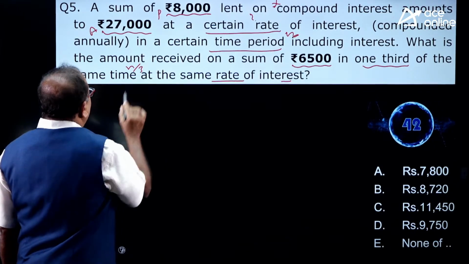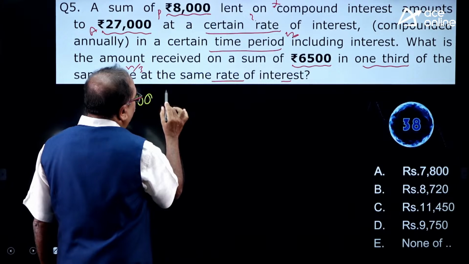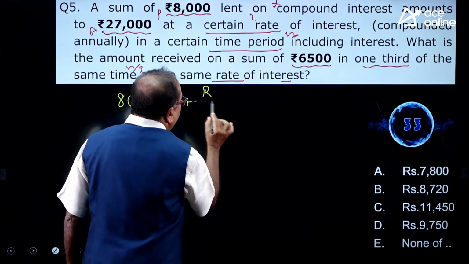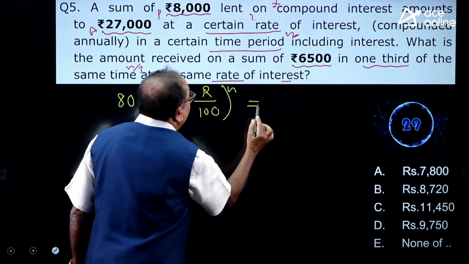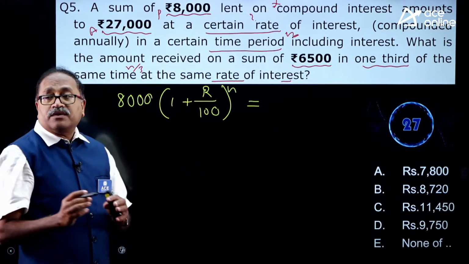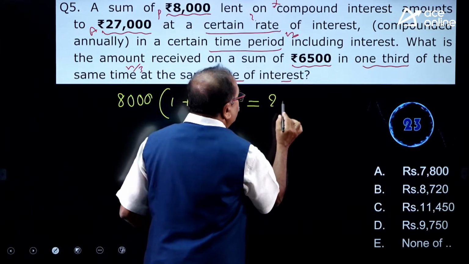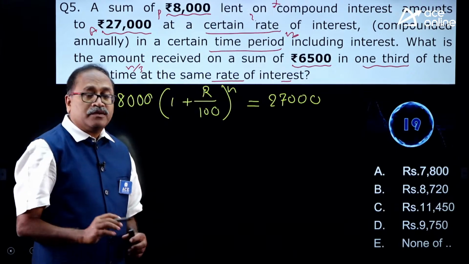What is the principal? The principal is 8,000, into (1 plus r by 100) to the whole power n, and the amount given to us is 27,000, which is equal to 27,000. Am I right?